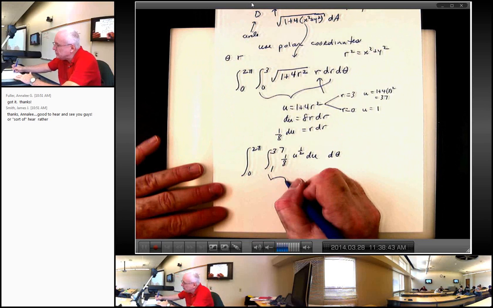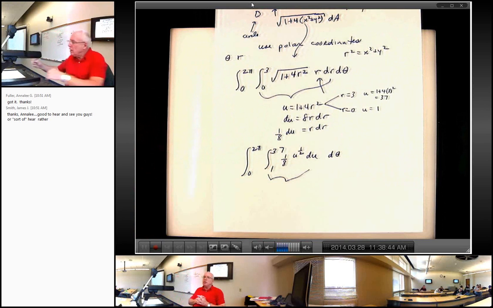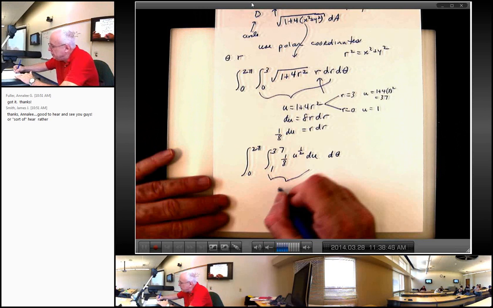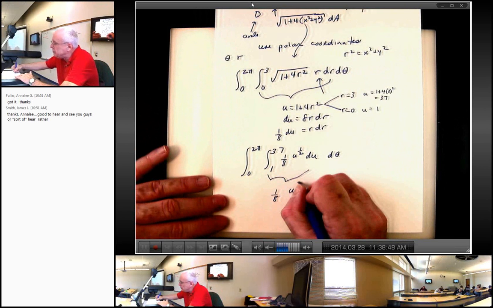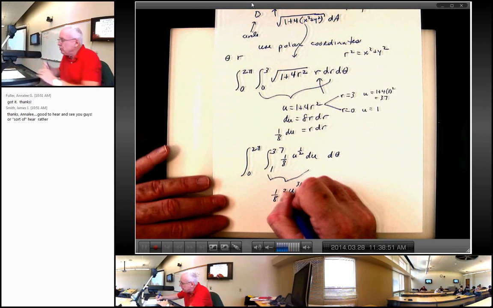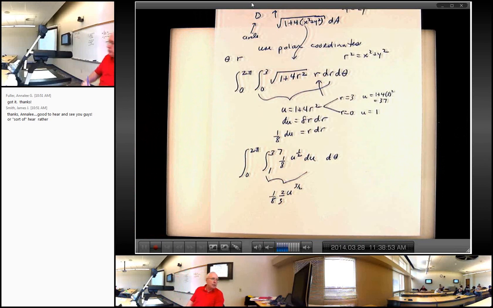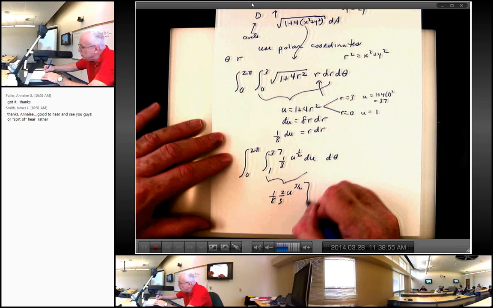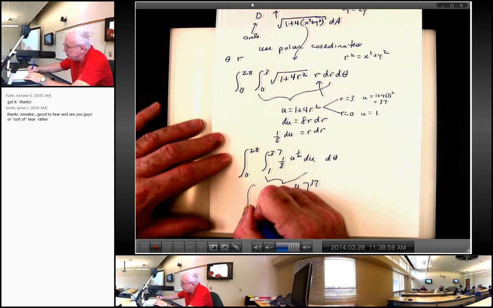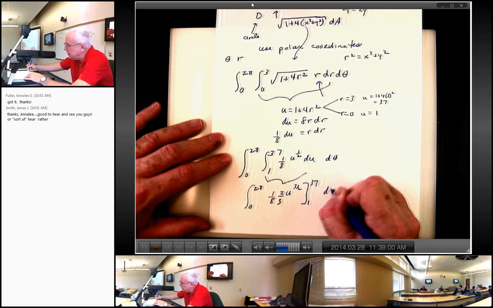And then this inside one is easy to do. It's going to be 1/8 u to the 3/2 divided by 3/2, which means I multiply by 2/3, from 1 to 37, 0 to 2 pi d theta.